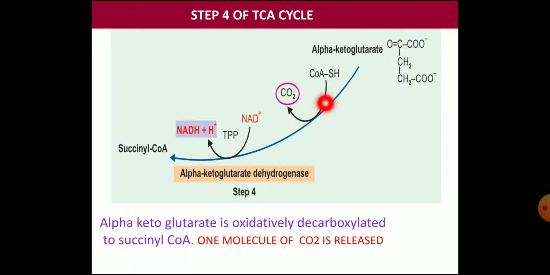So the alpha ketoglutarate is oxidatively decarboxylated to succinyl coenzyme A, and 1 molecule of carbon dioxide is released, and NADH going to the ETC producing 2.5 molecules of ATP, right?